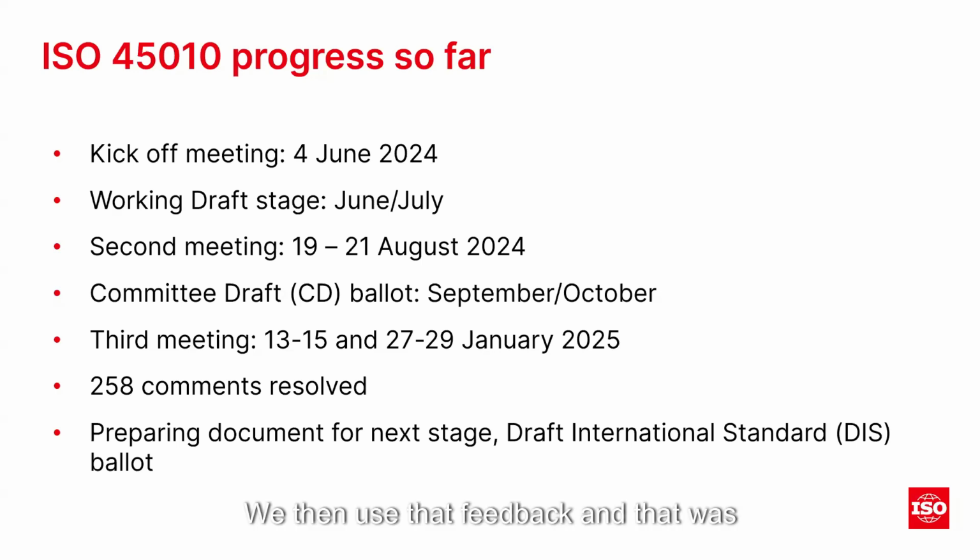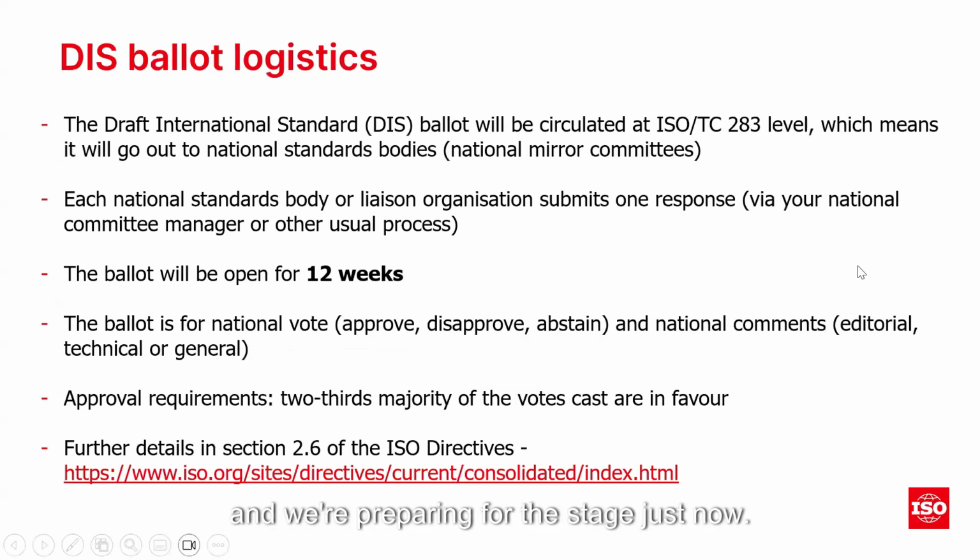We then use that feedback, and that was quite extensive feedback, around 258 quite significant comments. We have a series of meetings and workshops to develop a consensus on how we're going to address these comments. And then we're currently in the really exciting stage of what's called a DIS, a draft international standard. And we're preparing for the stage just now.